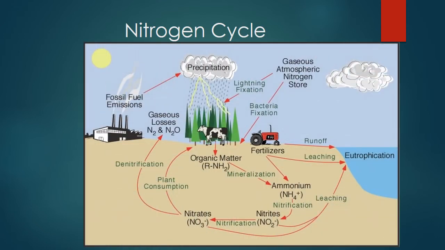So here we have the nitrogen cycle. Organic matter, feces, things like that all have nitrogen in them. That nitrogen is all recycled by bacteria. Those bacteria basically turn that nitrogen, in this case it's in the form of ammonia originally, in feces and urine.